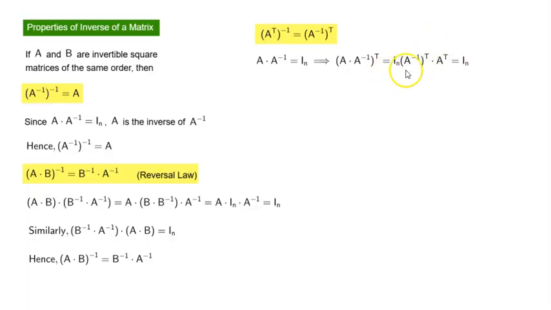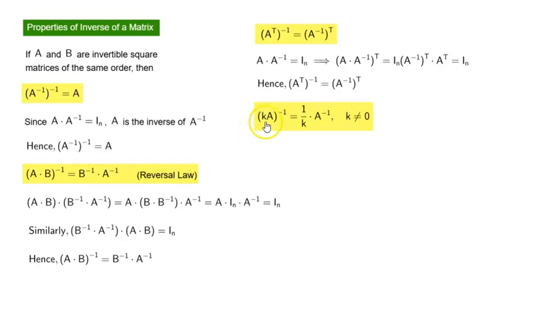So here we are applying the reversal law. And here (A inverse) transpose times A transpose, they are both inverses of each other. So the product of these two transposes will be I sub n. I sub n times I sub n is equal to I sub n. Hence, the inverse of A transpose is equal to transpose of A inverse.